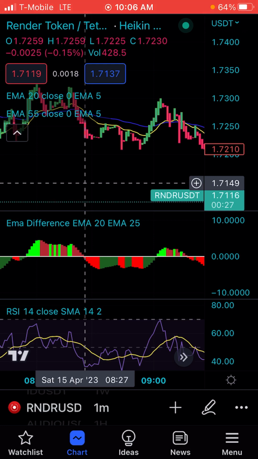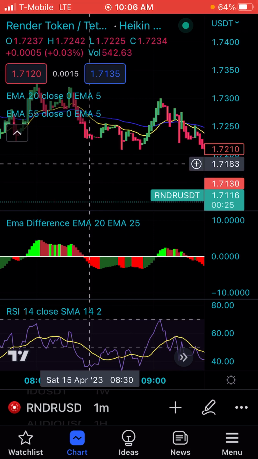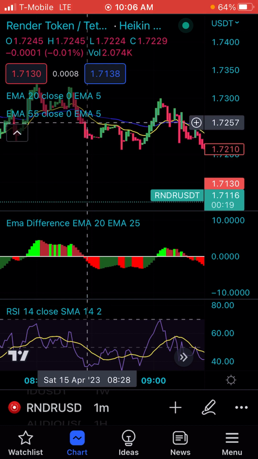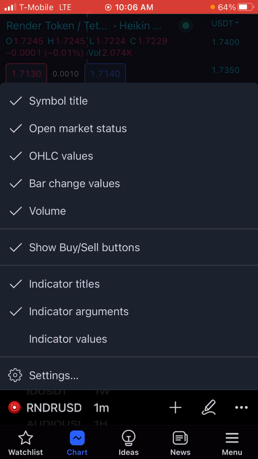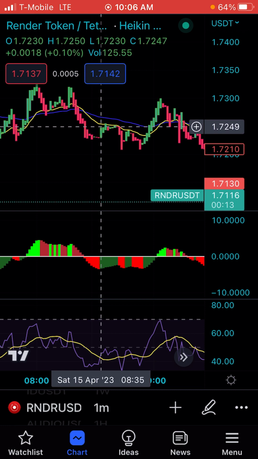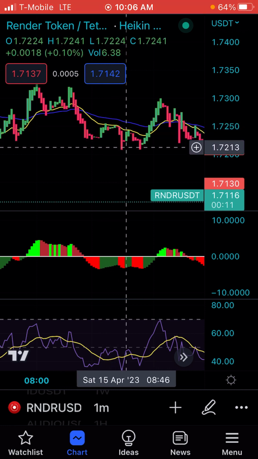So even if we focus right here, you see where it starts to go down on the EMA difference. If you look at your candles at exactly the same time, you'll notice that it is going down.